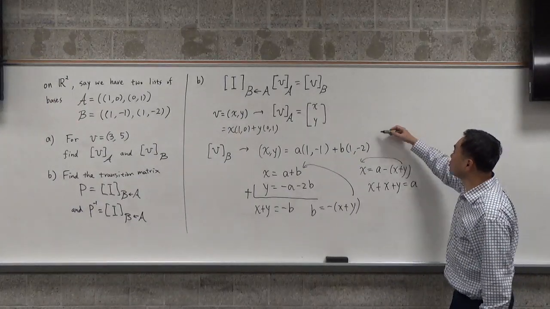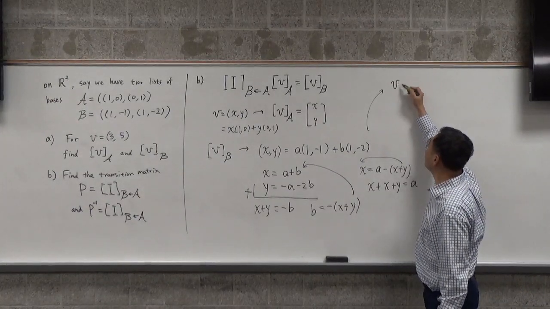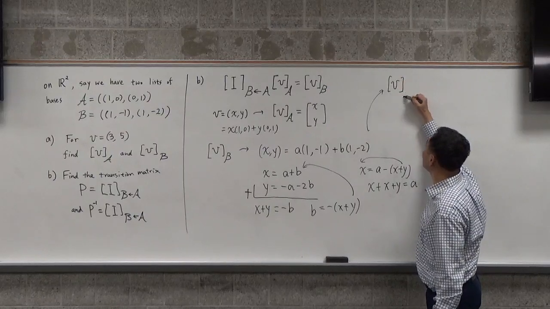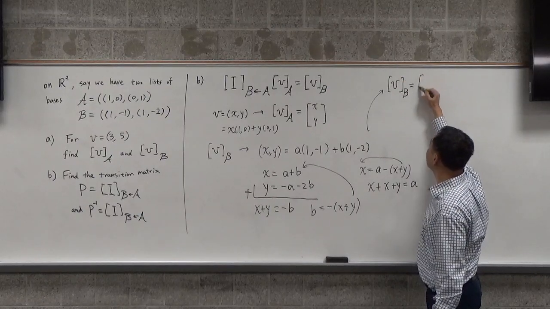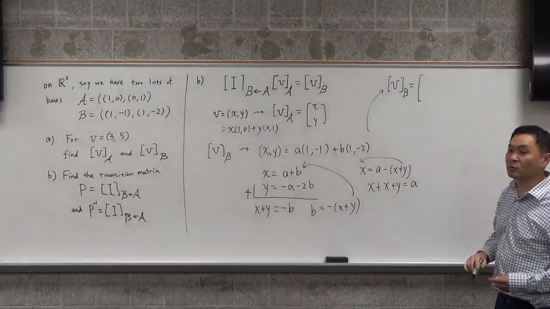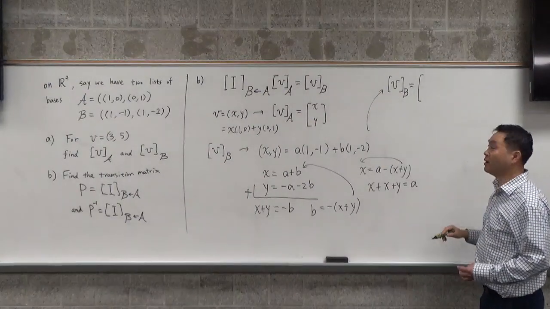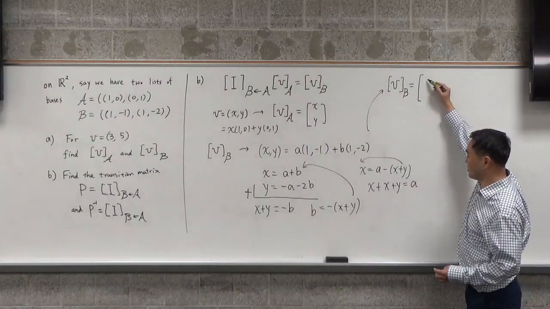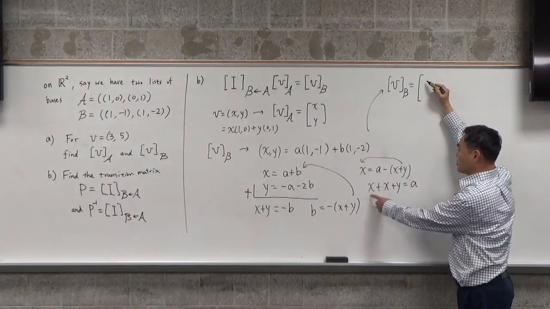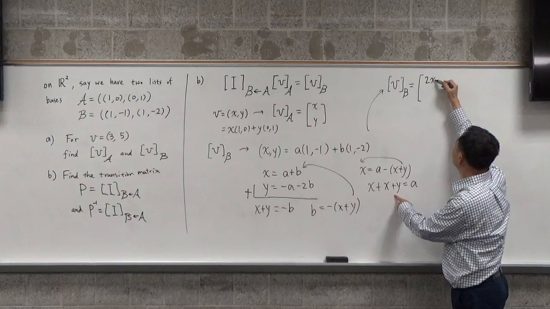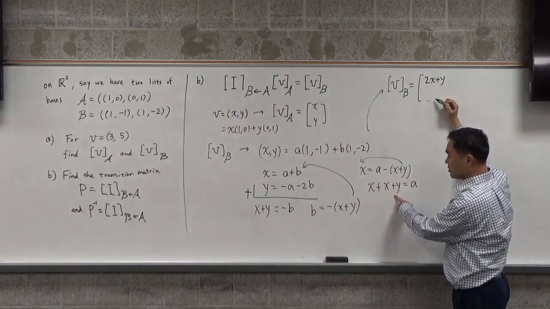So this calculation shows you that v representation under b is what? What goes here? 2x plus y. 2x plus y, right? What goes here?